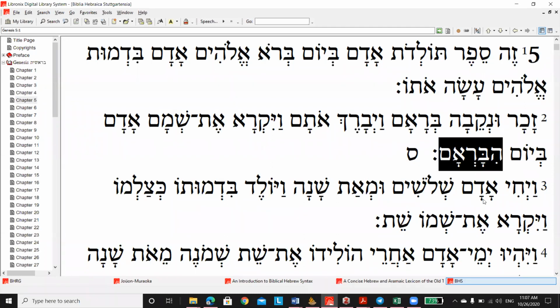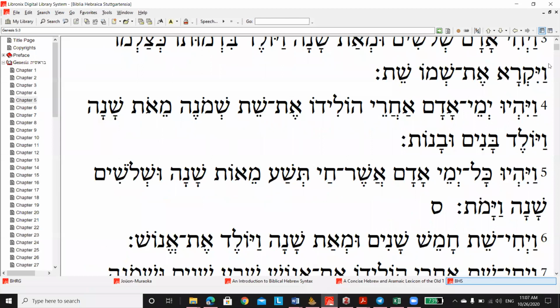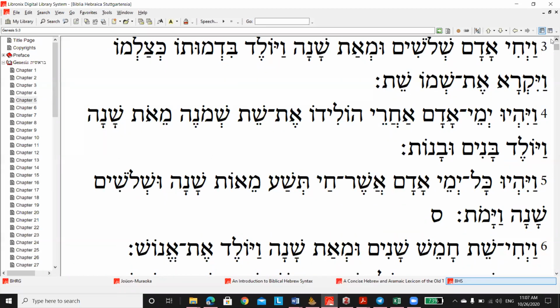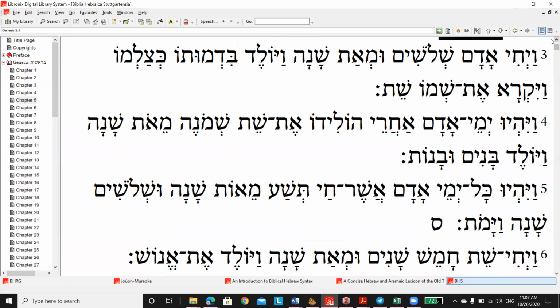And now after that we have the part which is very interesting for us because now we have a lot of numerals. Okay, verse number 3. Vayhi Adam sheloshim u'me'at shana.